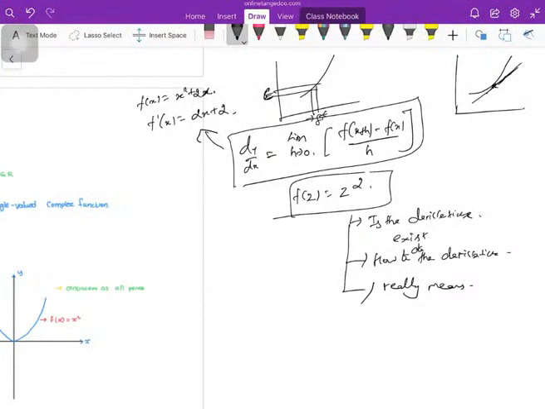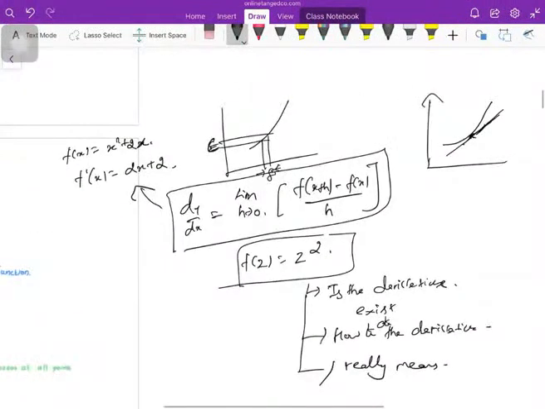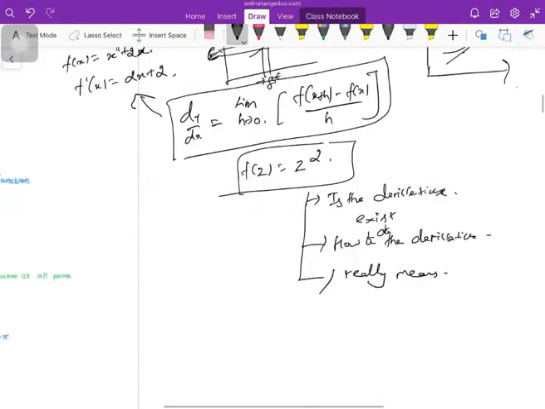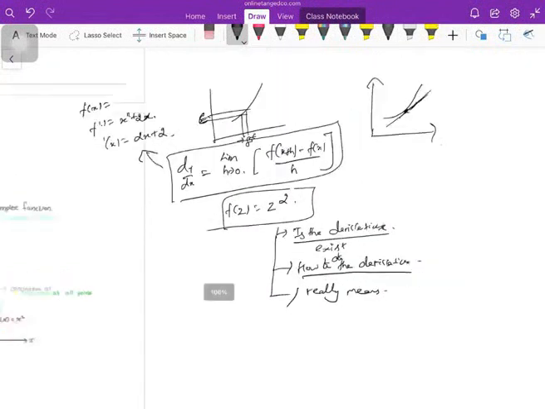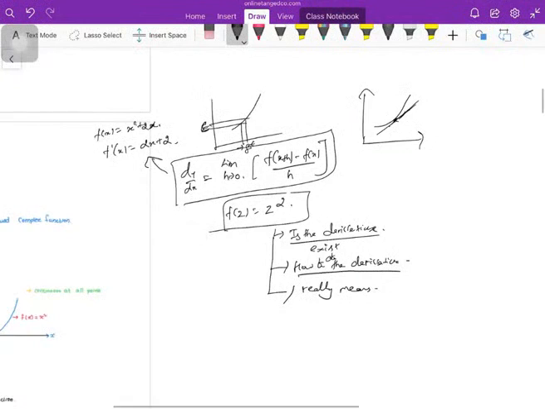Using this derivative we solved many applications: it gives the instantaneous speed, we find maxima and minima, and we can tell whether a function is increasing or decreasing. But in the complex domain we know nothing about that; everything is imaginary here, so we need to visualize it. What the derivative means and how it exists is visualized through the complex plane.